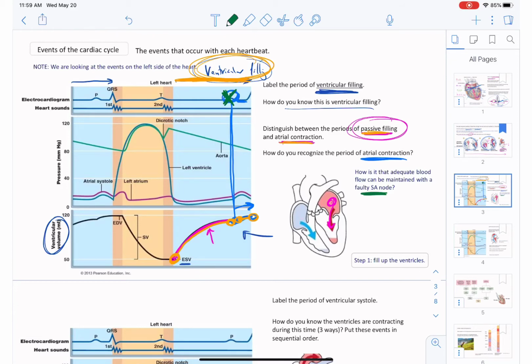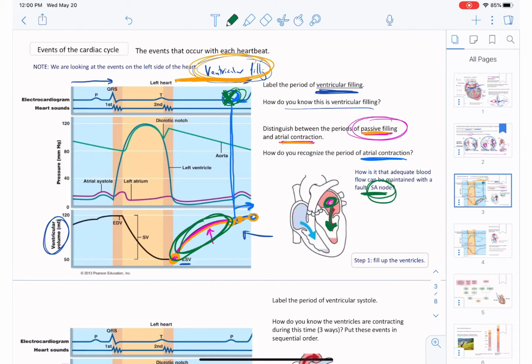And how does that happen? How is it that we can move an adequate amount of blood from the atria into the ventricles without an SA node? And the answer to that is because the majority of blood, more than 80% of the blood that moves from the atria down into the ventricles, occurs passively, without contraction of the atria.